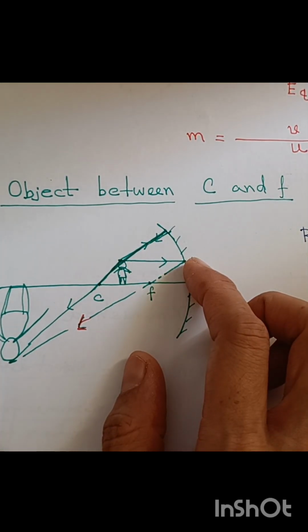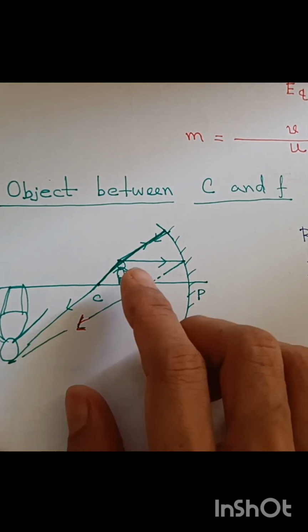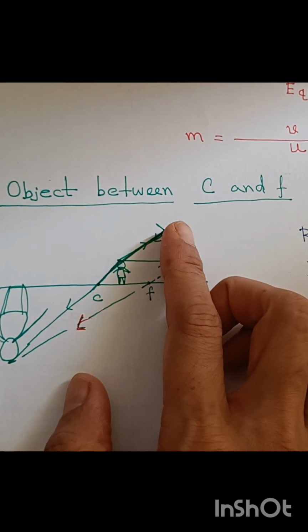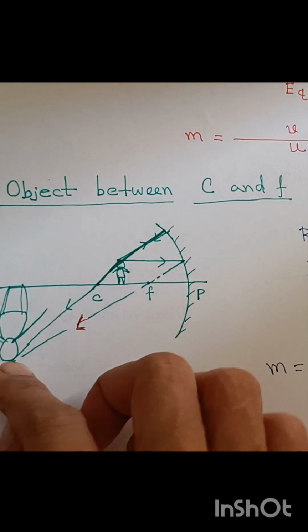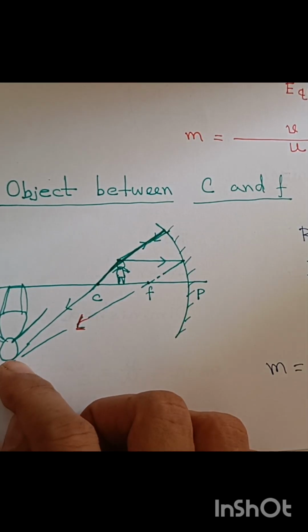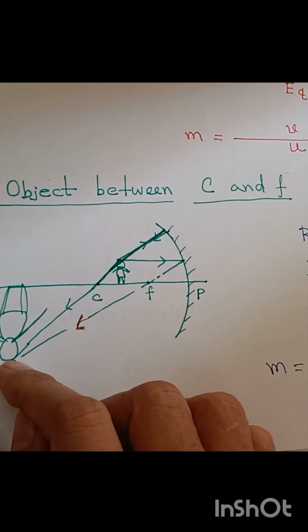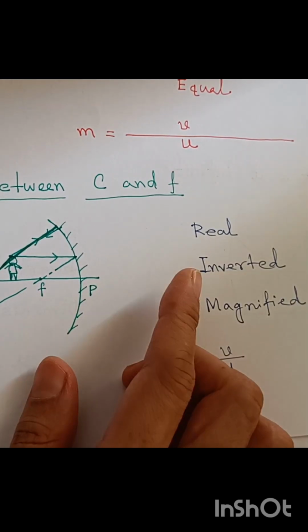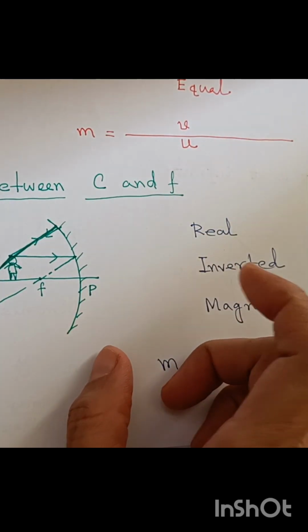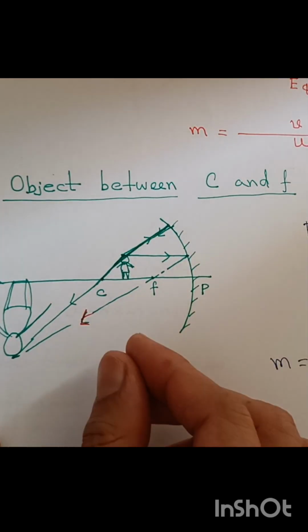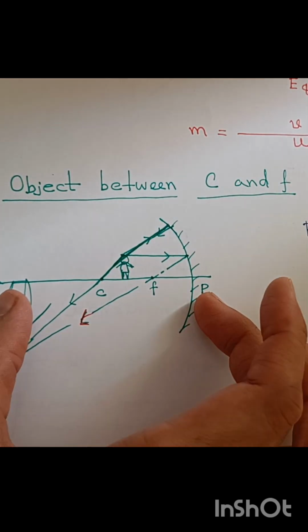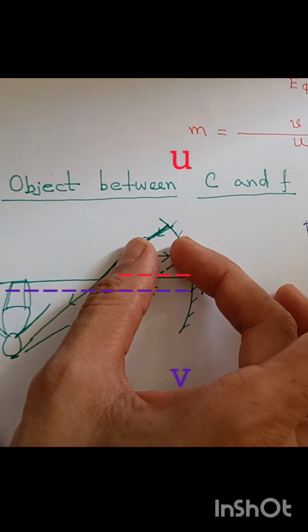After reflection, one ray will go through F, and the other ray will go through C, and they meet beyond C. The image will be real, inverted and magnified, much larger, because this is the V and this is the U.